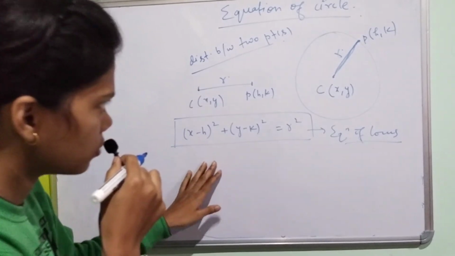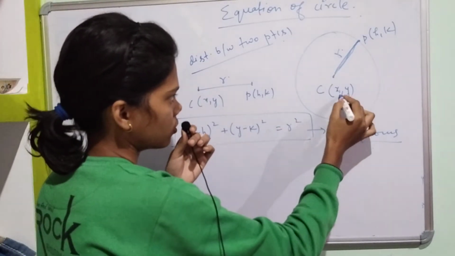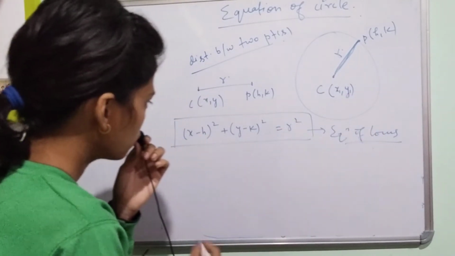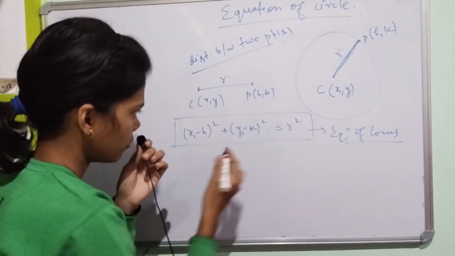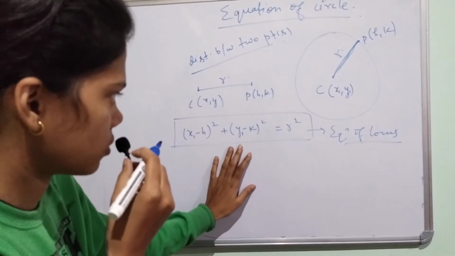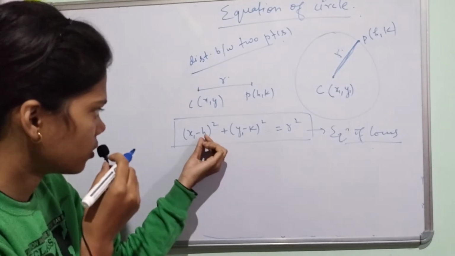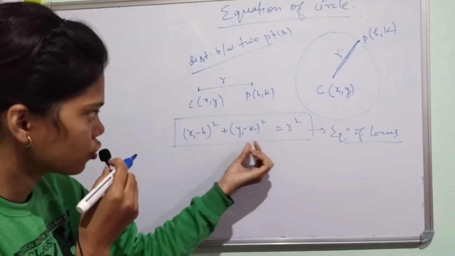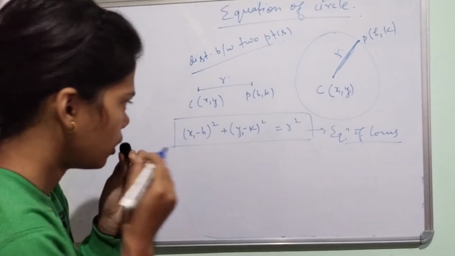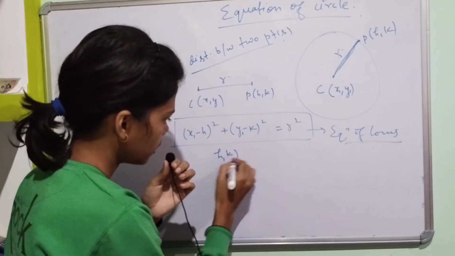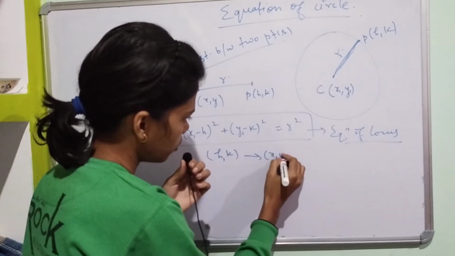Now suppose this point is x1 and y1. So here it becomes x1 and y1. This is the equation of locus, but we should not have the parameters like h and k, so we need to convert it into x and y. So we replace h comma k by x comma y.